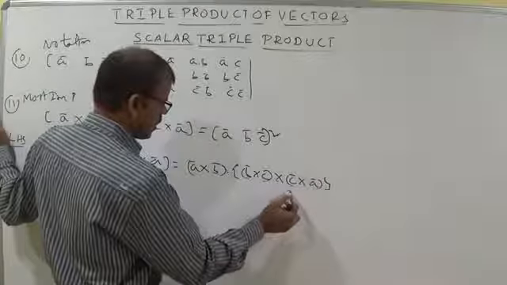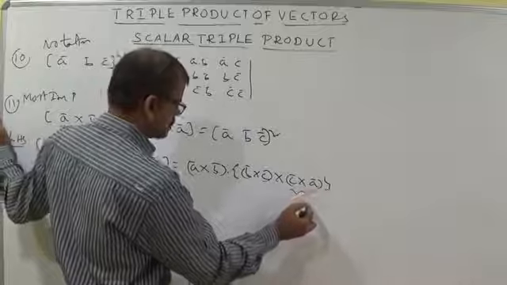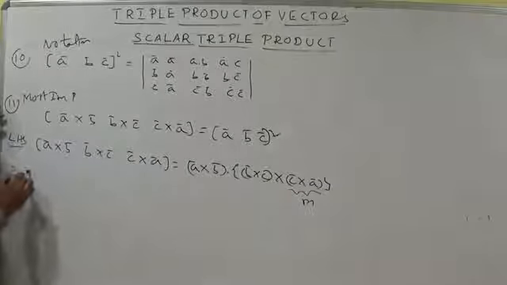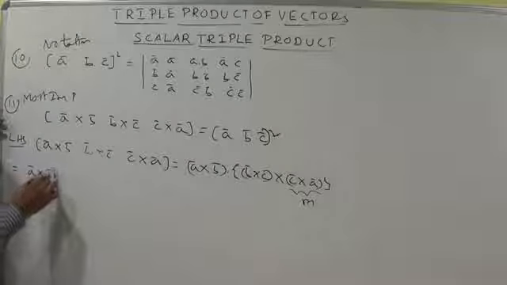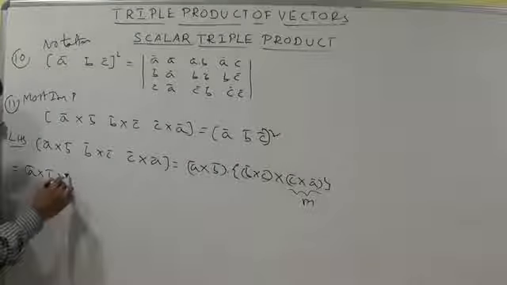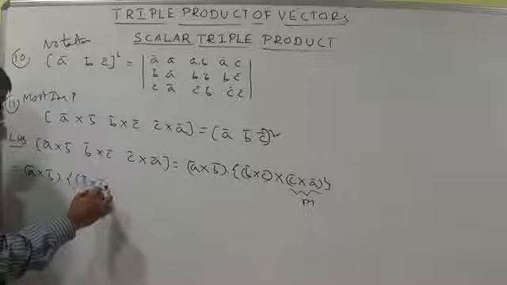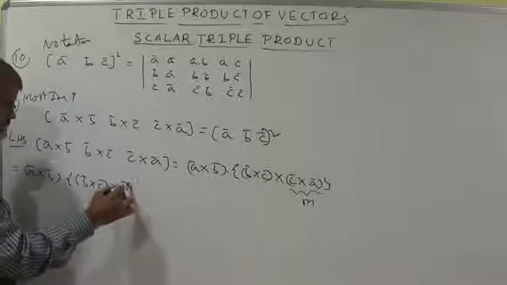Let this vector be M. Next step we can write A cross B dot A cross B dot B bar cross C bar cross M bar.